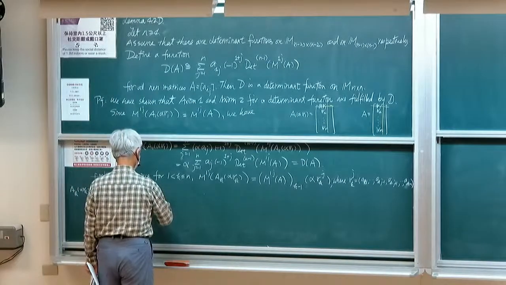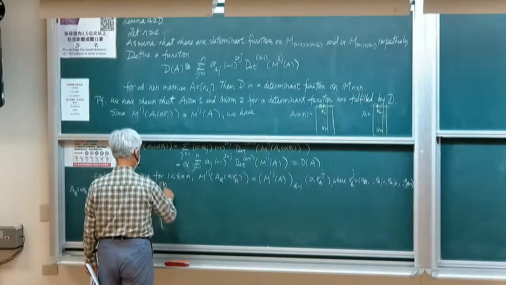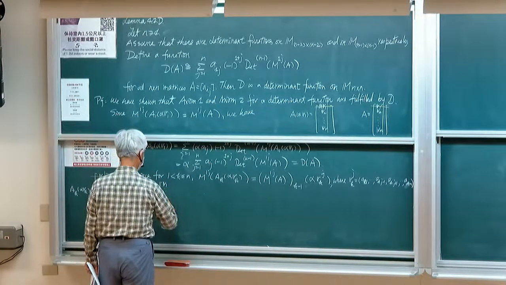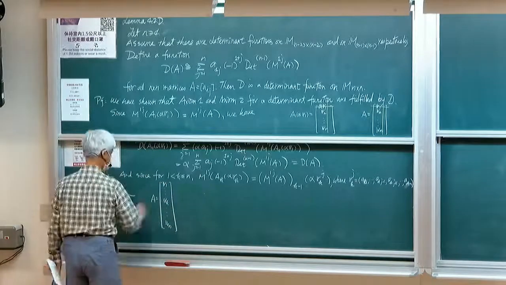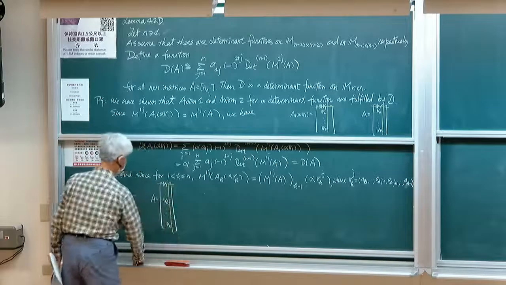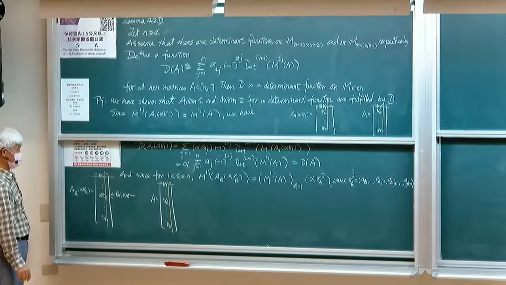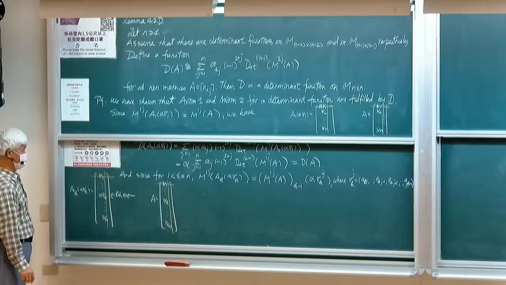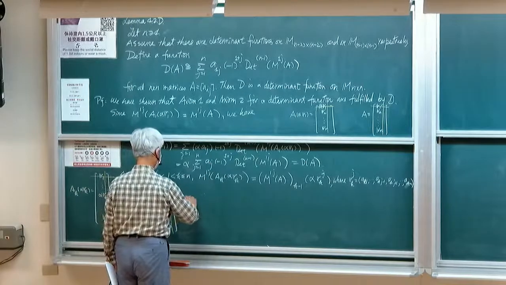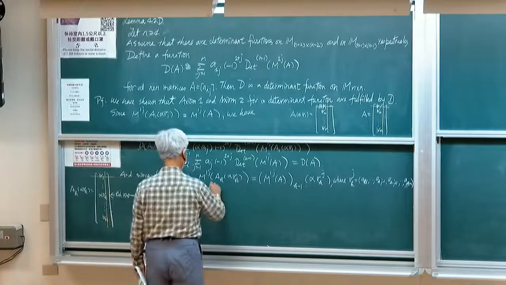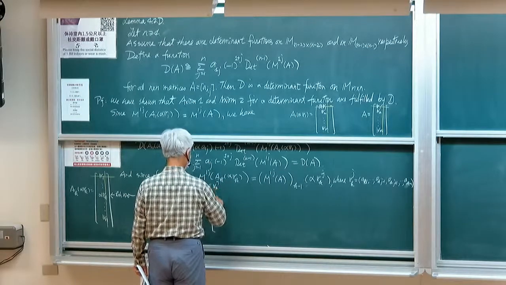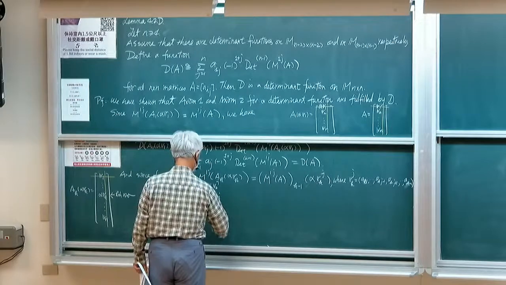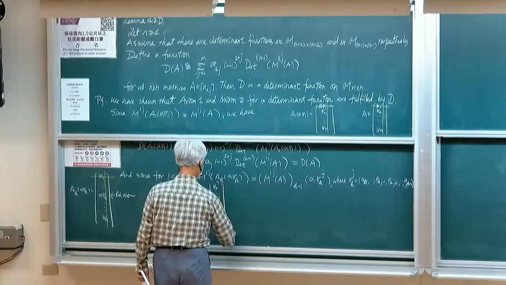So M1j of A becomes R2j, up to Rkj, up to Rnj.